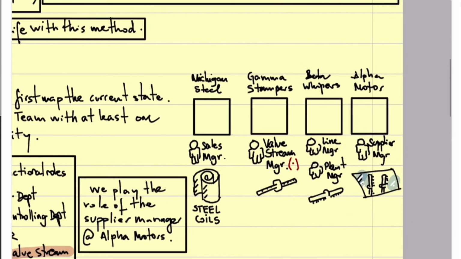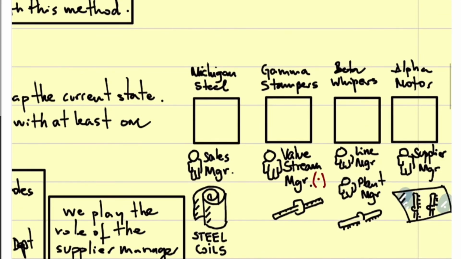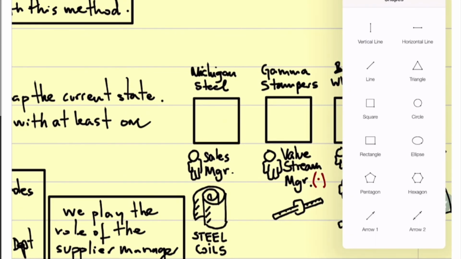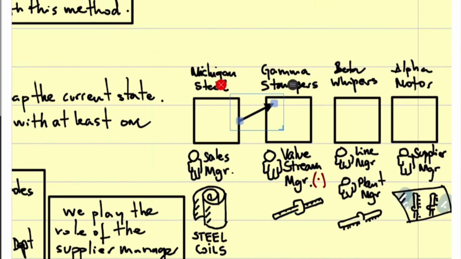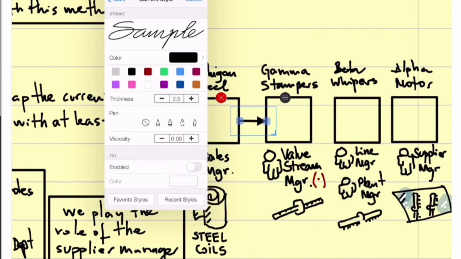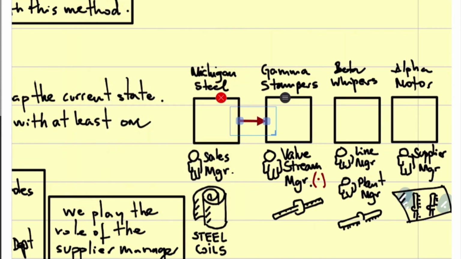And here what happens is that we are dealing with some information and material flow, just as we had before. And we want to understand what's going on and what we can do to get better.